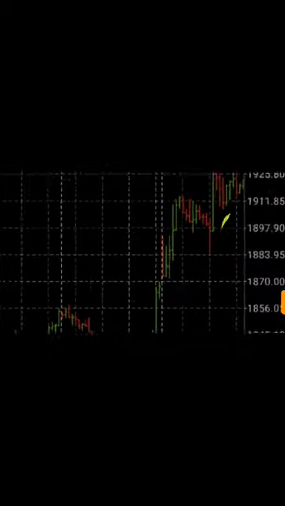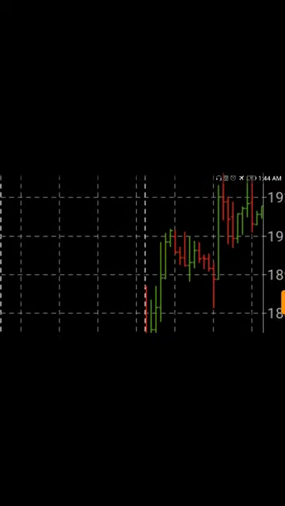So now let's look at the next one, which is the bar chart. Now you see the bar chart here. It looks like a candlestick chart, but it's not a candlestick chart. Let me zoom in so you can see this. If you look at this individual bar, you can see it's a straight line, and then you see some spikes on either side.